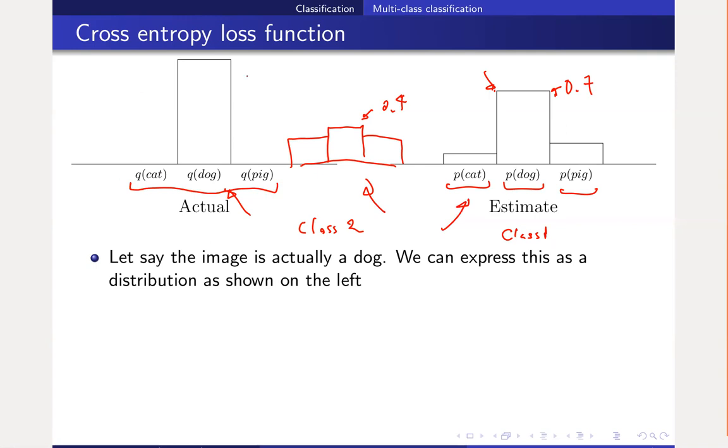This itself is a distribution, even though it's a delta distribution: if I know it's a dog, then it will be one for the Q dog here, and all the values for the rest of the classes will be 0. But like these other cases, you can think of this as a distribution, right?